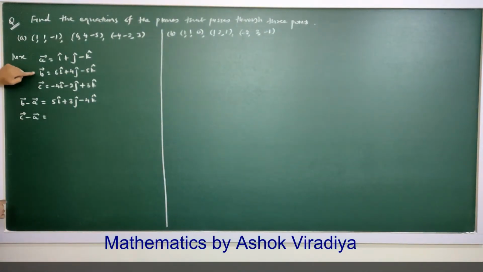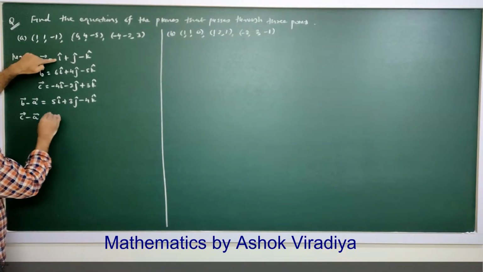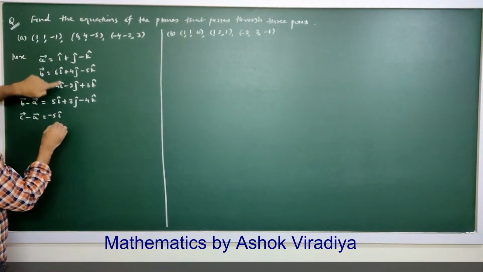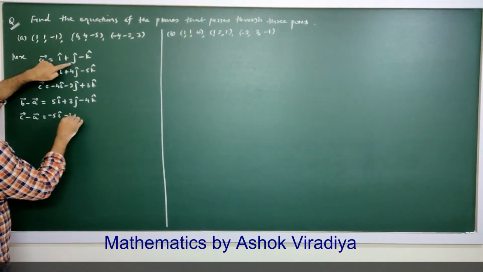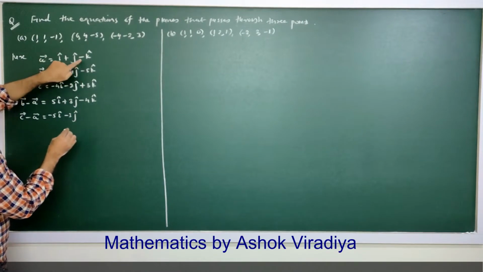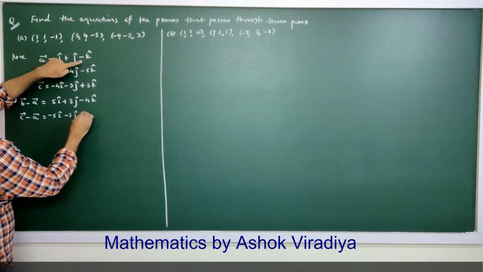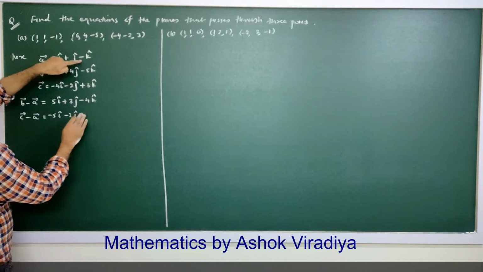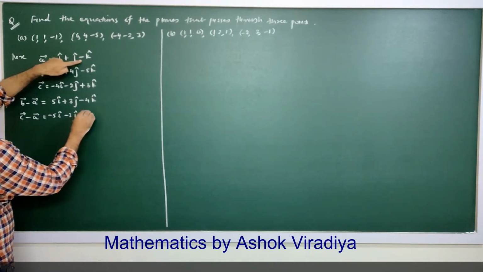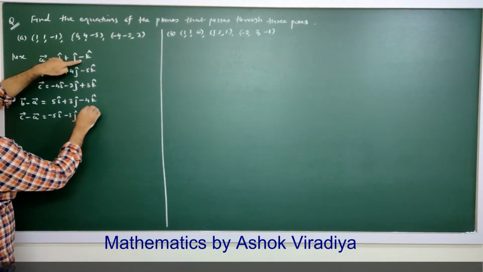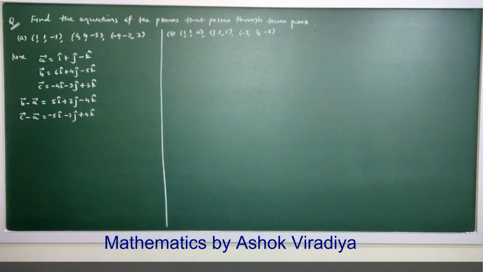Here C minus A, that is minus 4 minus 1, minus 5i, minus 2 minus 1, minus 3j, 3 minus minus 1, that is plus 4k. So it is vector C minus vector A.